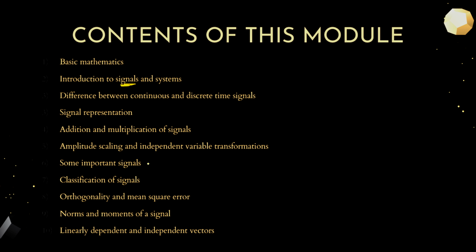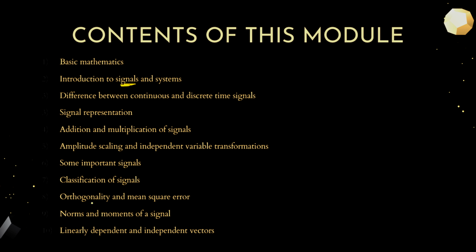After that, we learn about particular important significant signals which are always used in questions like unit step, delta function, and unit ramp function. And after that, we'll talk about further classifications of signals in which we have even, odd, energy, power, and periodic and non-periodic functions.